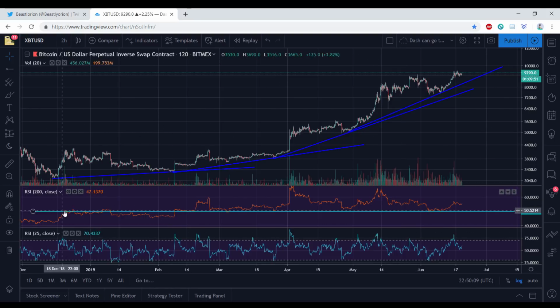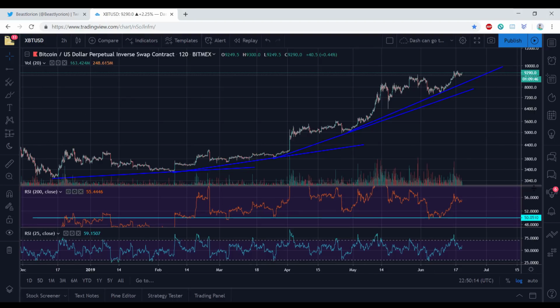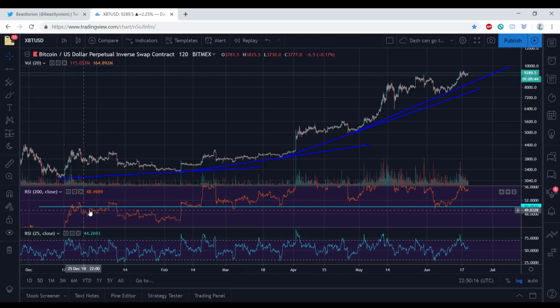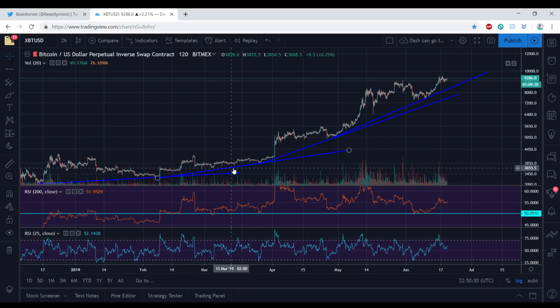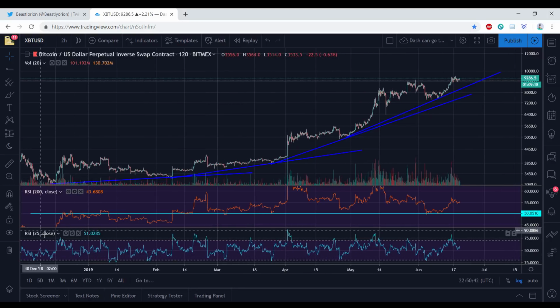But for this 200 one, it lines up pretty well, because we can see at the 50, which is the center between 0 and 100 that it oscillates between, that it is sustained above 50. The relative strength index is strong or neutral at the worst of times. So that's really good at indicating a bullish trend. I have a smaller RSI indicator down here of 25.